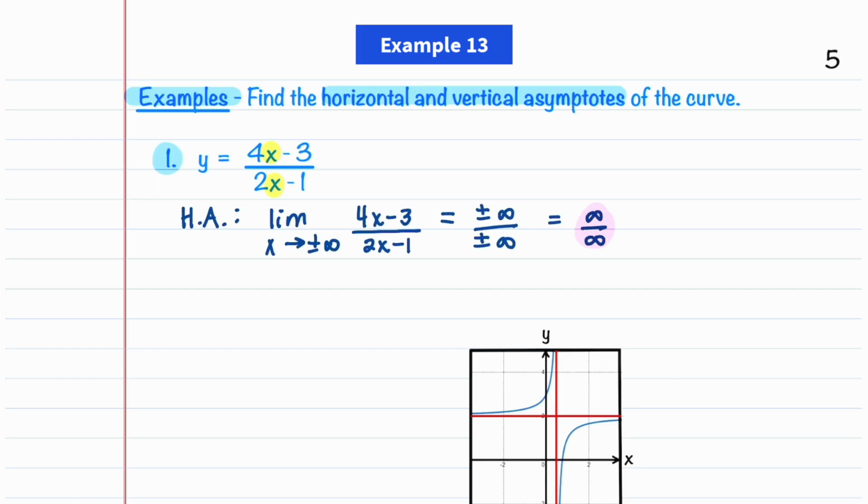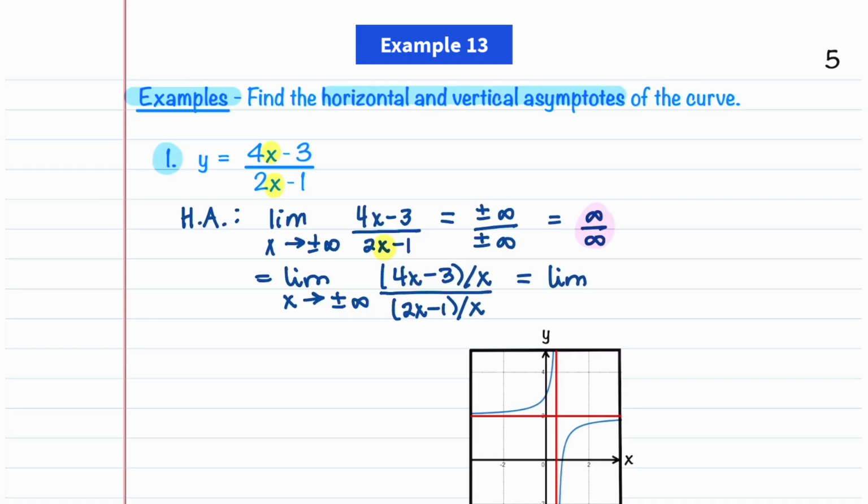So we can just think of this as the indeterminate form, infinity divided by infinity. To evaluate this limit, we're going to divide the numerator and the denominator by the highest power of x in the denominator, which is just x. We'll write this as the limit as x goes to plus or minus infinity of 4x minus 3 divided by x, all divided by 2x minus 1 divided by x.